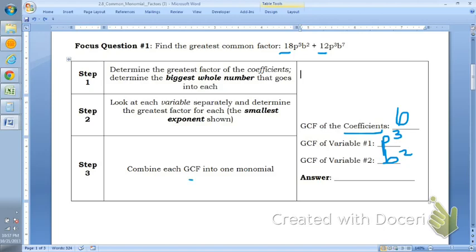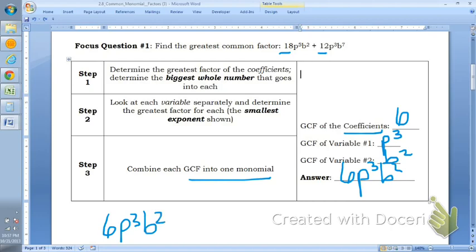So to find the greatest common factor monomial, you will combine all 3 of these items: the greatest common coefficient and the greatest common variables. So that is our greatest common factor, 6p to the third, b to the second. I'm going to write this down here below, 6p to the third, b to the second.